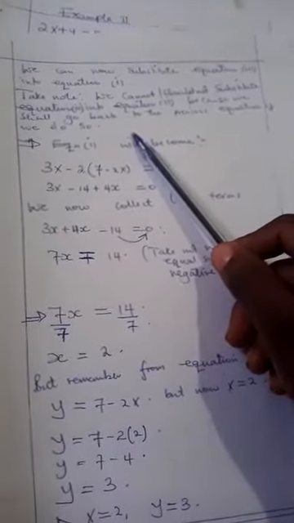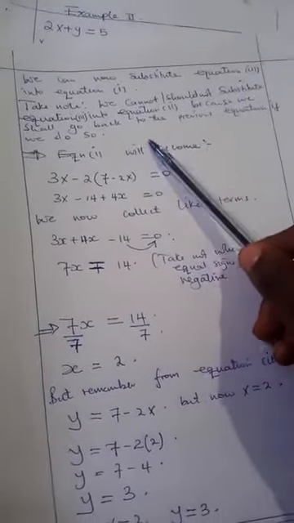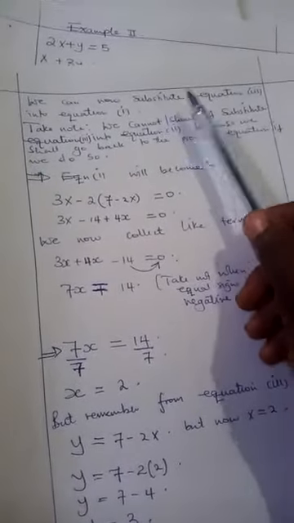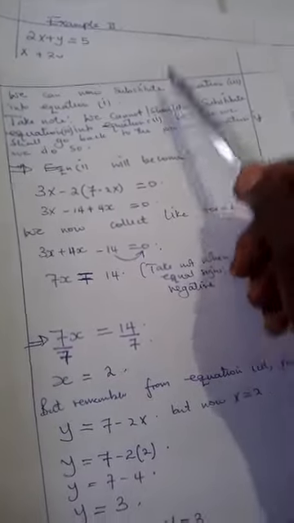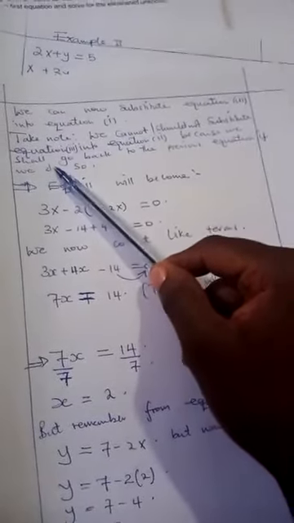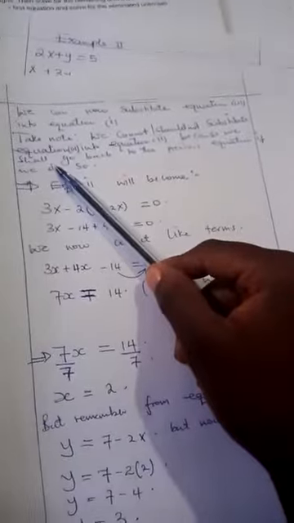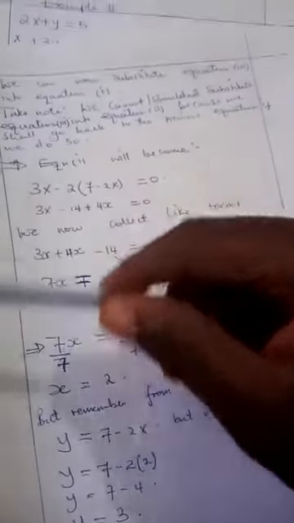I remember in one of the sessions we had in class, I showed you that in case you made a mistake and substituted equation 3 into equation 2, you will go back to the previous equation, which is equation 2. That means you will not have done anything.